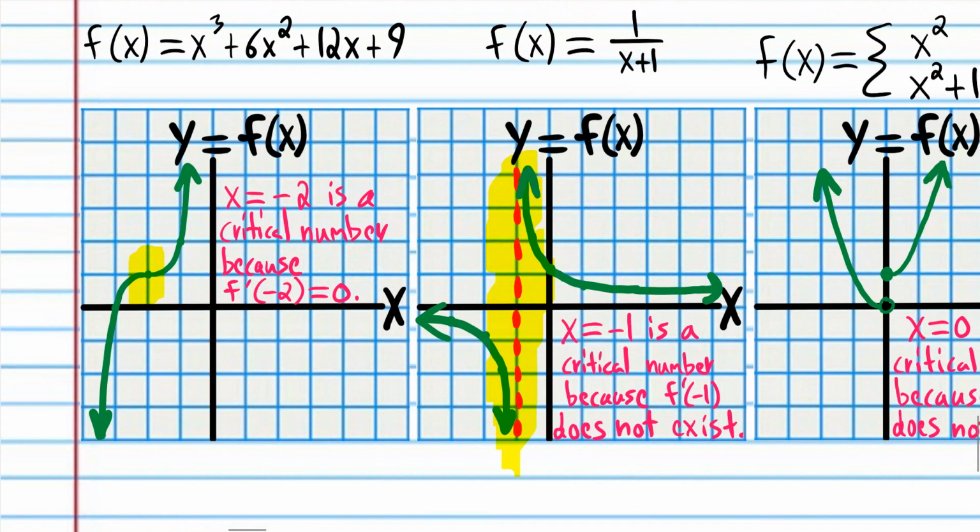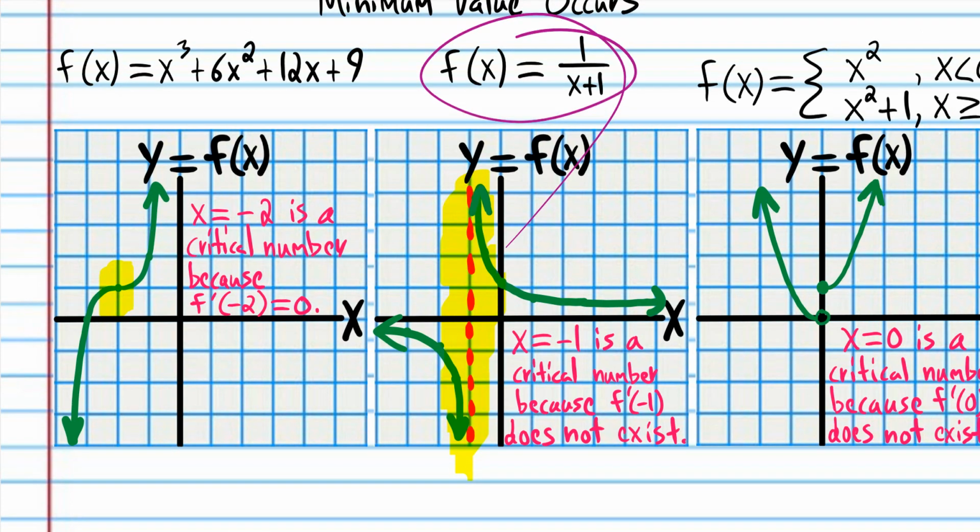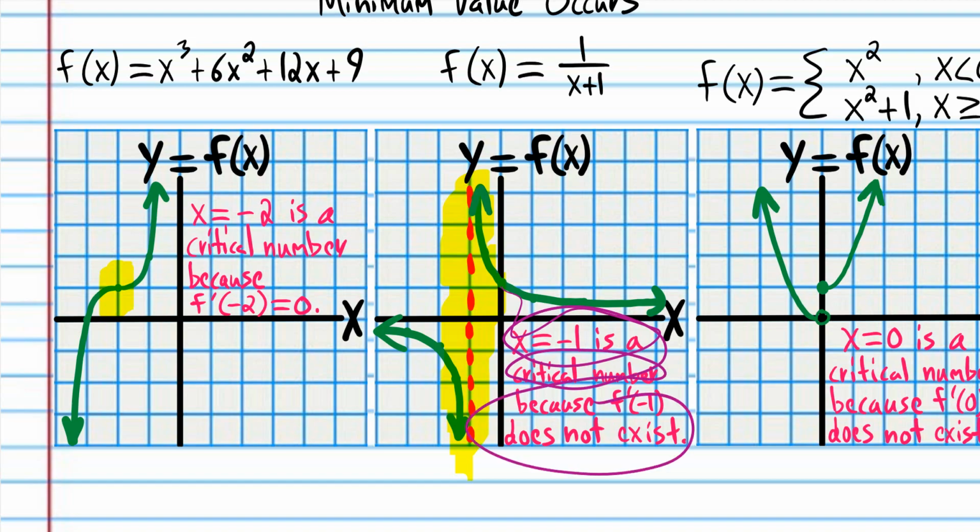Here's another example. When you have an asymptote, the derivative is actually undefined when x is equal to -1. This is the original function, but if you find the derivative and try to plug in -1, you'll get an undefined expression. So x equals -1 is what we call a critical number, but that doesn't mean that there's a maximum value or minimum value here, because the function is not even defined there.